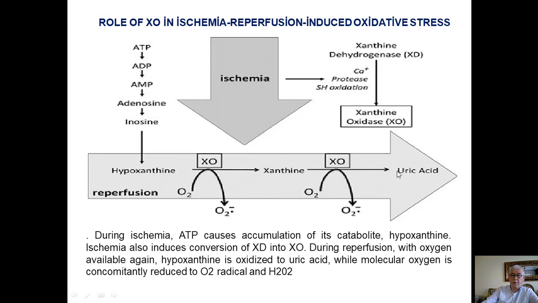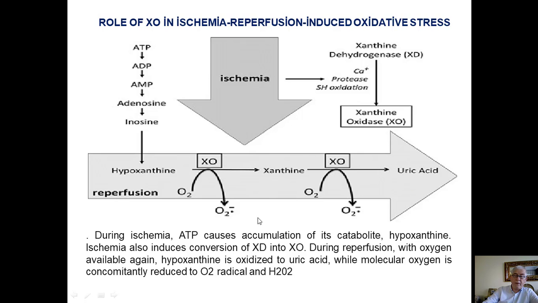And another problem is related to increased uric acid in ischemia and reperfusion. We know that ATP degradation is increased in ischemic condition. ATP turns to ADP, then AMP, adenosine, inosine, and increased hypoxanthine level activates the xanthine oxidase enzyme, and the enzyme synthesizes xanthine and uric acid.